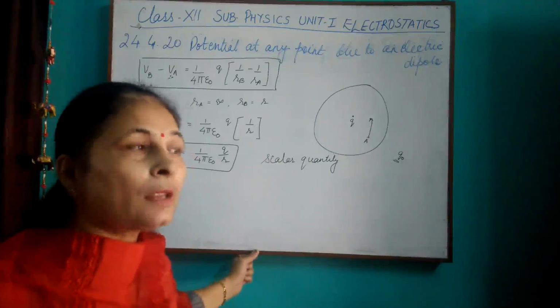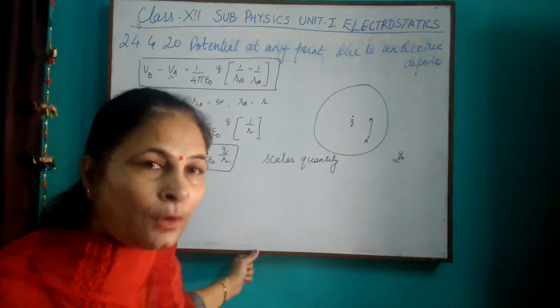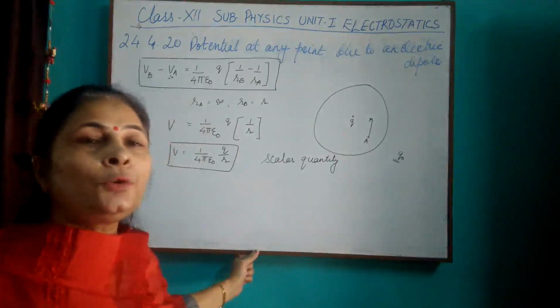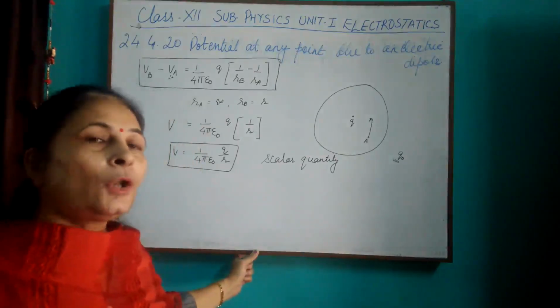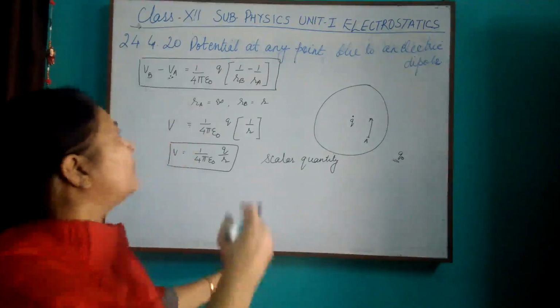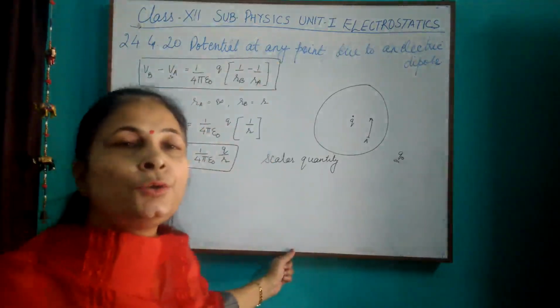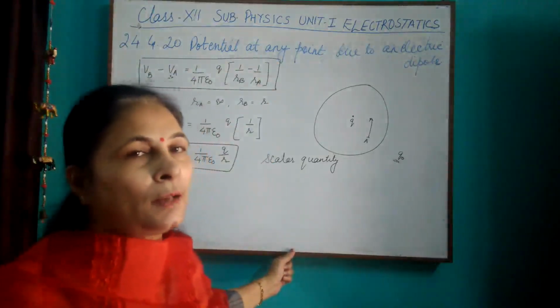Now, as we had done in electric field, we found out electric field due to a point charge, then we defined electric dipole, and then electric field due to a dipole. Here also, we will try to calculate potential at any point due to an electric dipole.